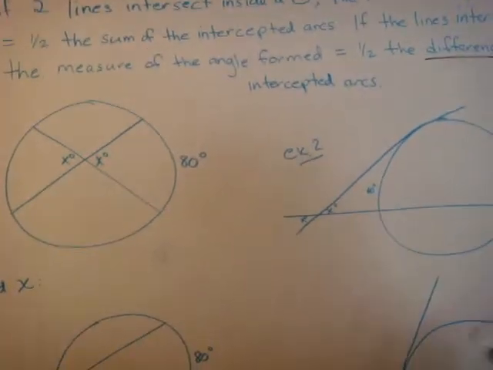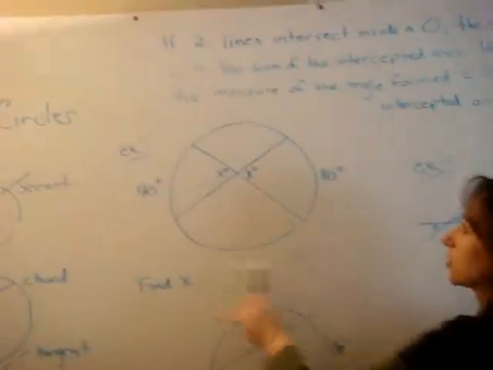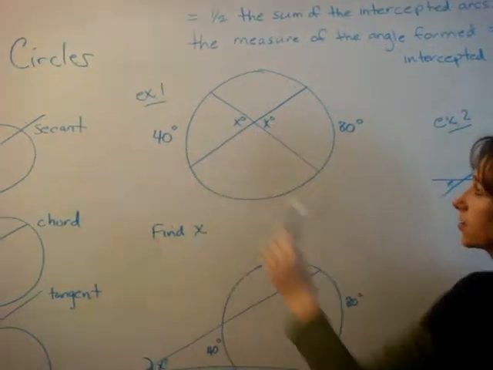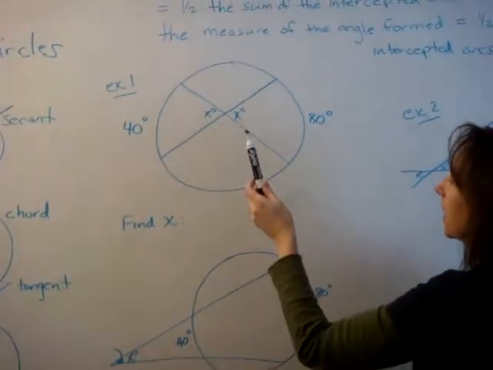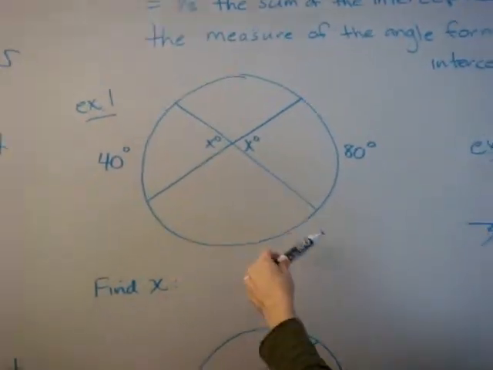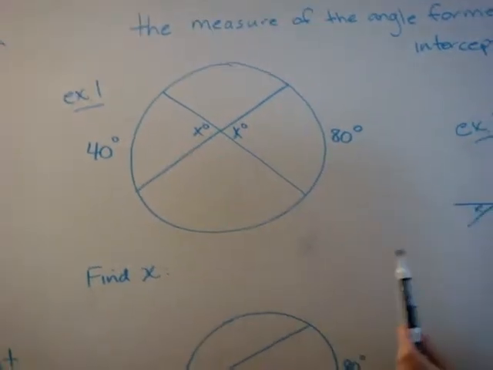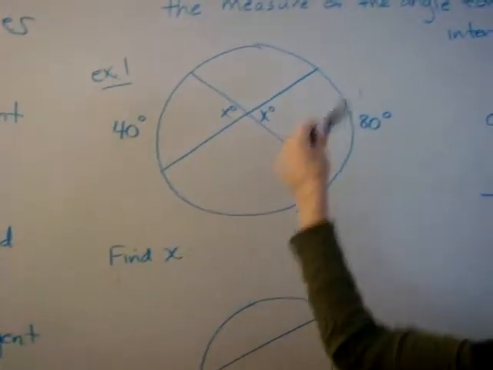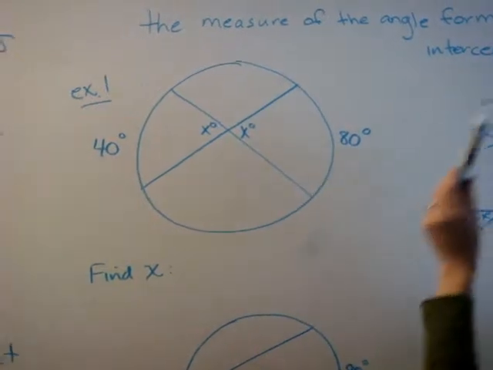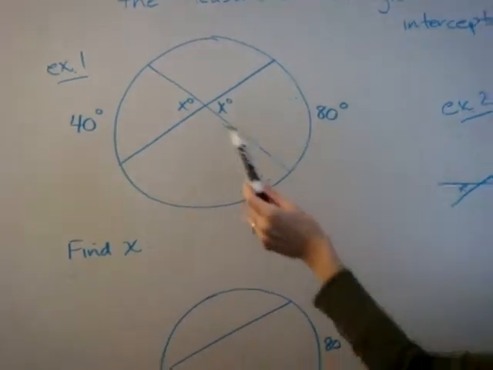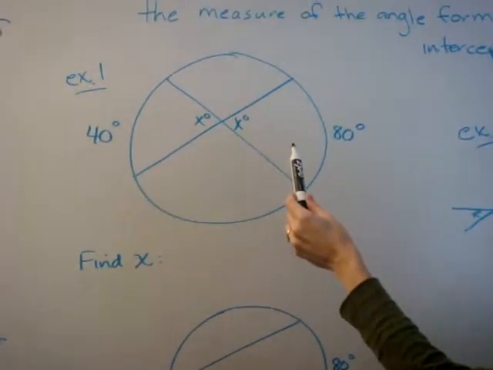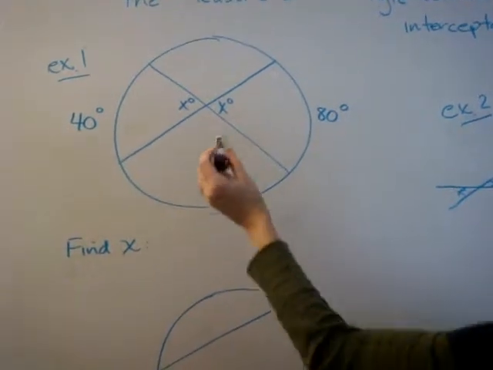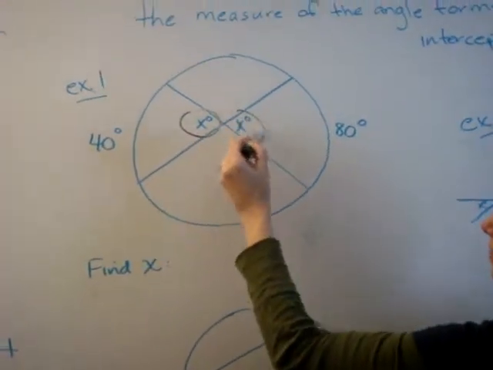They're very easy. So example 1, we have a circle with 2 chords that intersect. And the definition says if 2 lines intersect inside the circle, it can be chords or it can be secants that go the whole way through, 2 lines intersect inside a circle, the measure of the angles formed equals 1/2 the sum of the intercepted arcs. So these are the angles formed right here.